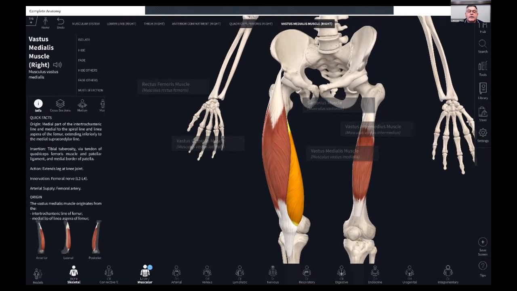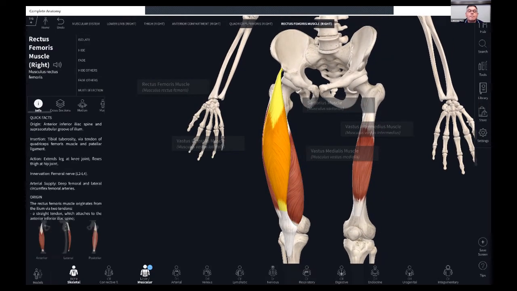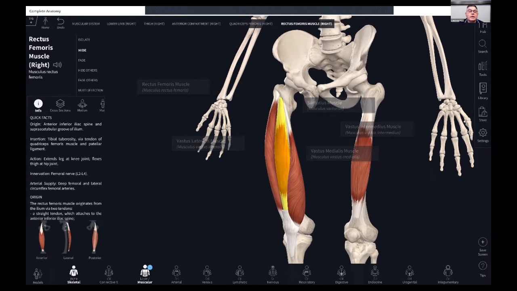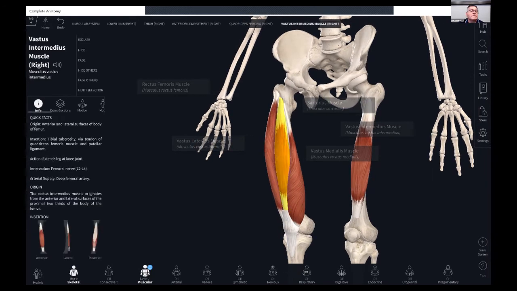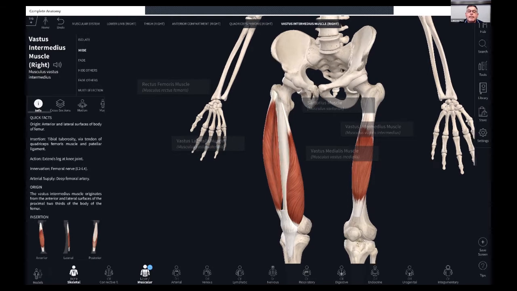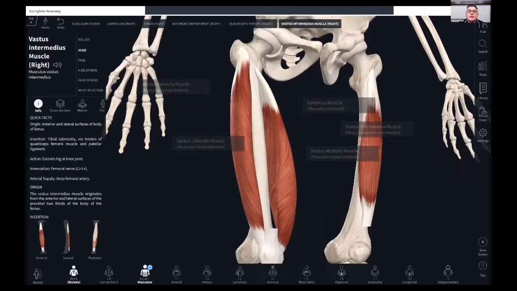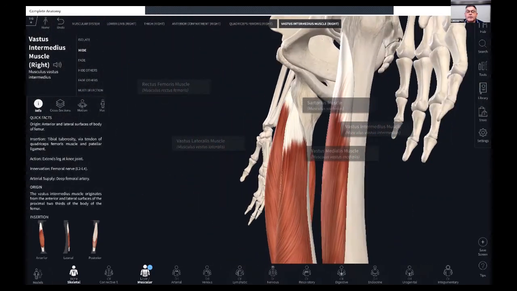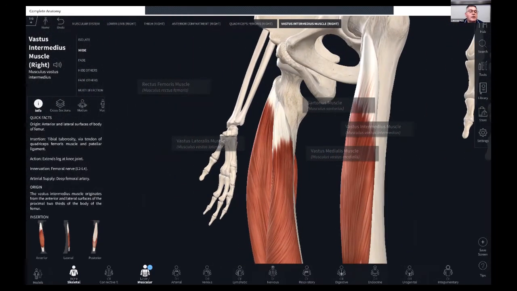Let me get rid of rectus femoris real quick. And actually, let me go ahead and get rid of vastus intermedius so that we can have a better look. Again, its origin, anterior lateral surface of the body of the femur. It inserts on the tibial tuberosity via the tendon of the quadriceps.